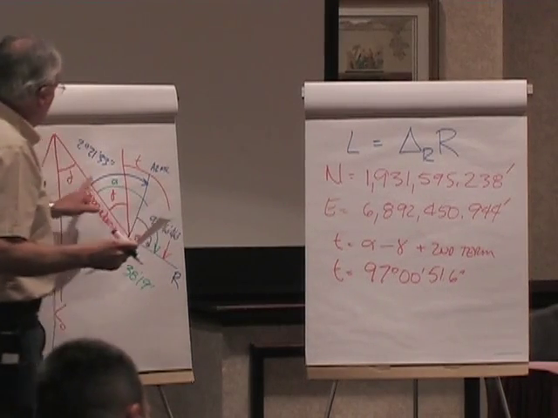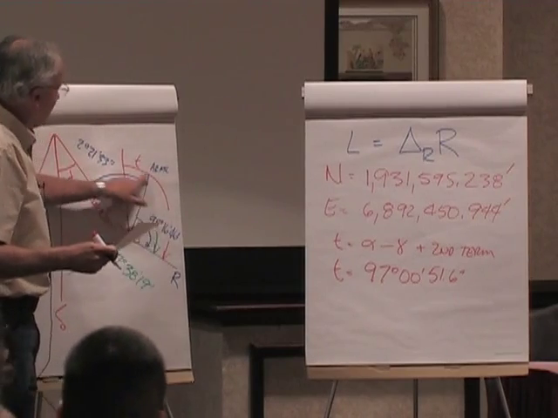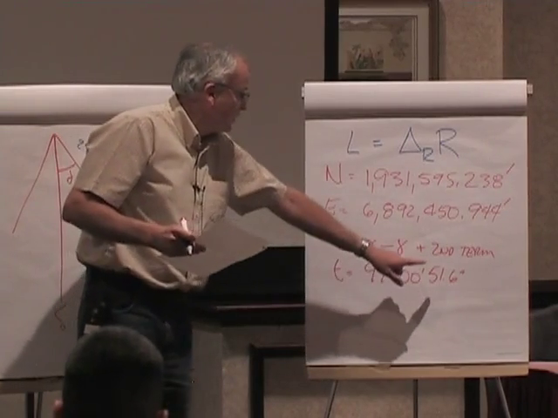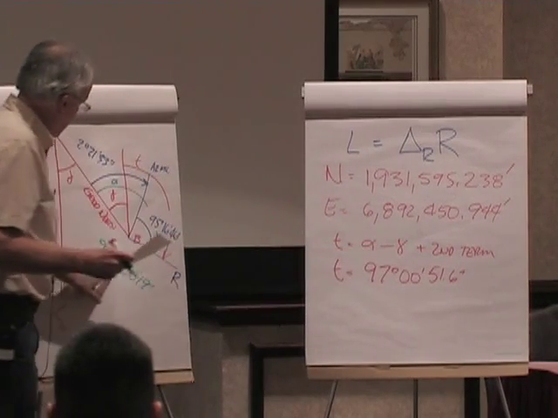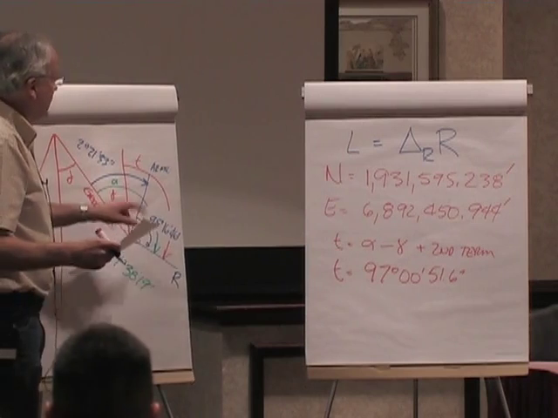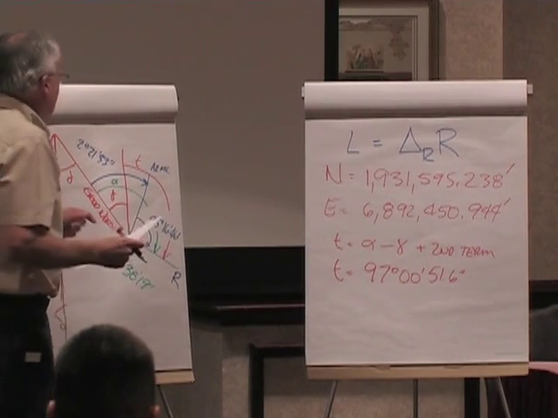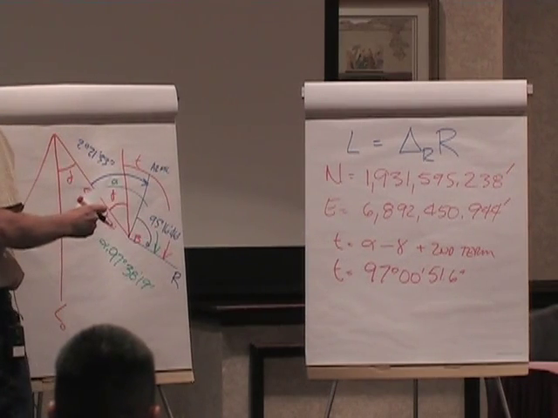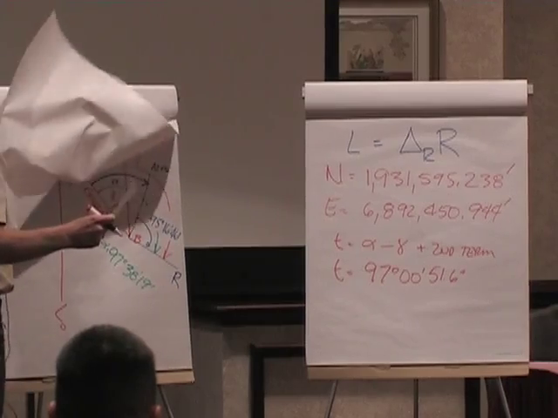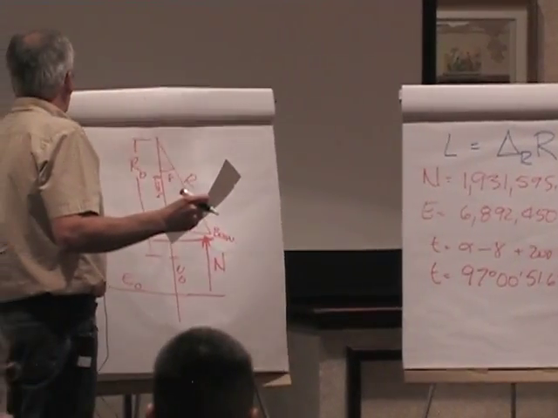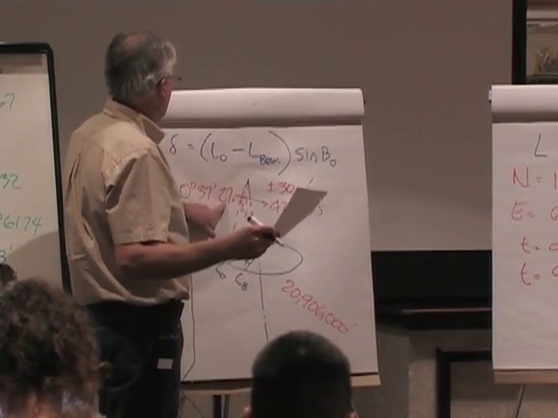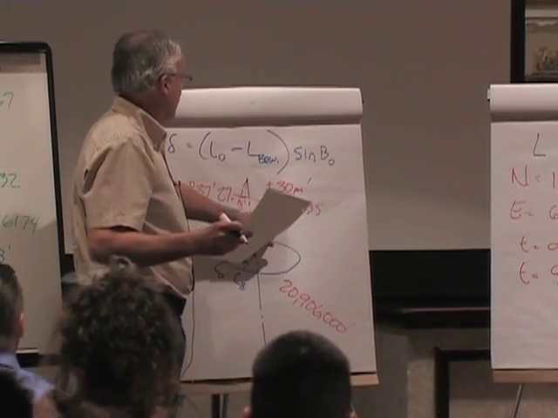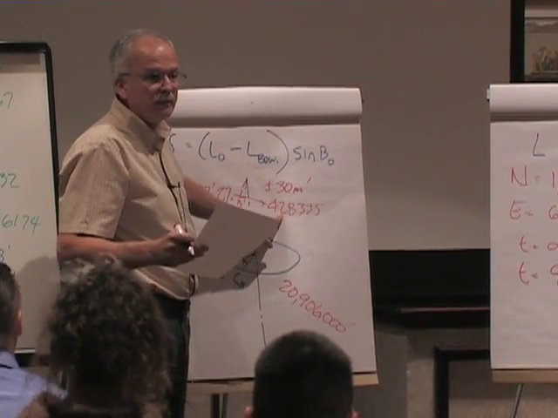So our grid azimuth ends up being 97.0056. If I subtract the geodetic azimuth minus our convergence angle, which was 03727.4, you could do just 42, 43 here.